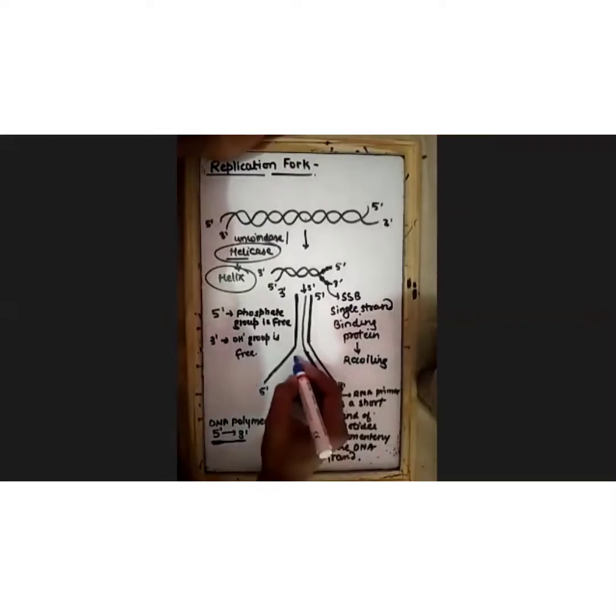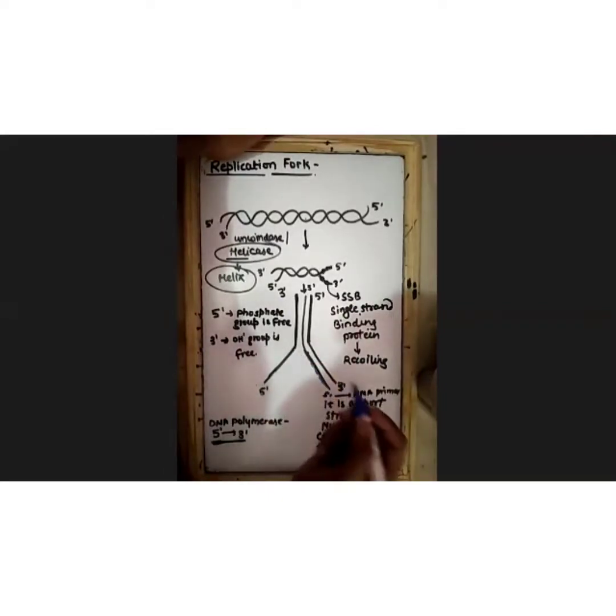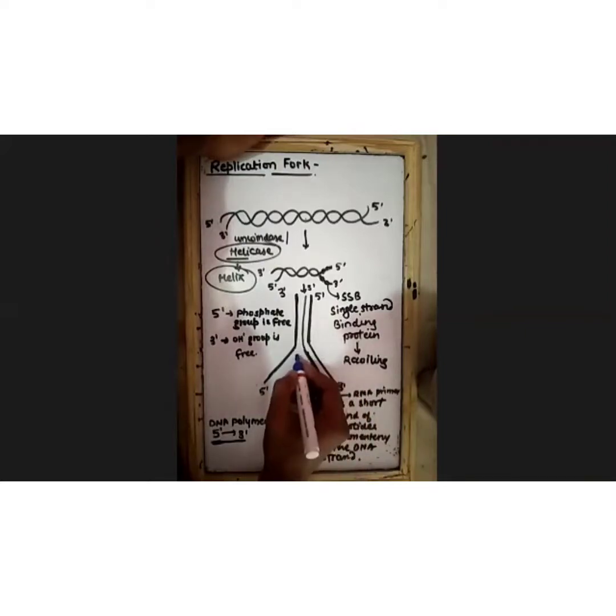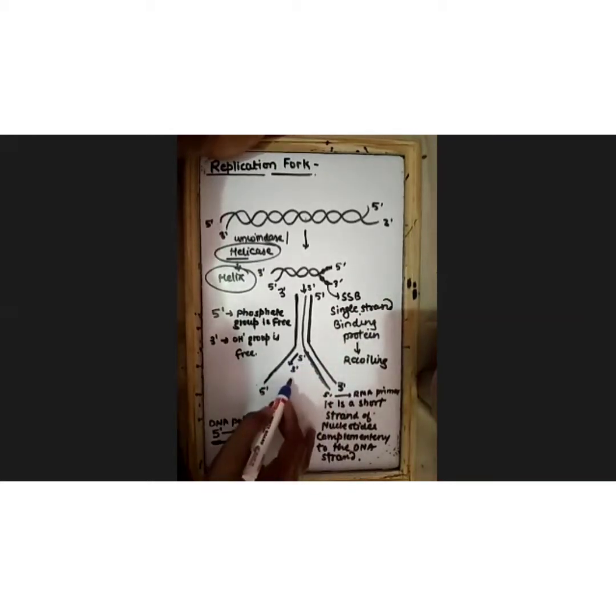On this strand, we know that it will move from 5 prime to 3 prime. So here you will need a primer. This primer has the 3 prime here, 5 prime here, and 3 prime here. After the primer, we again add nucleotide, nucleotide, nucleotide here. It will elongate the strand.